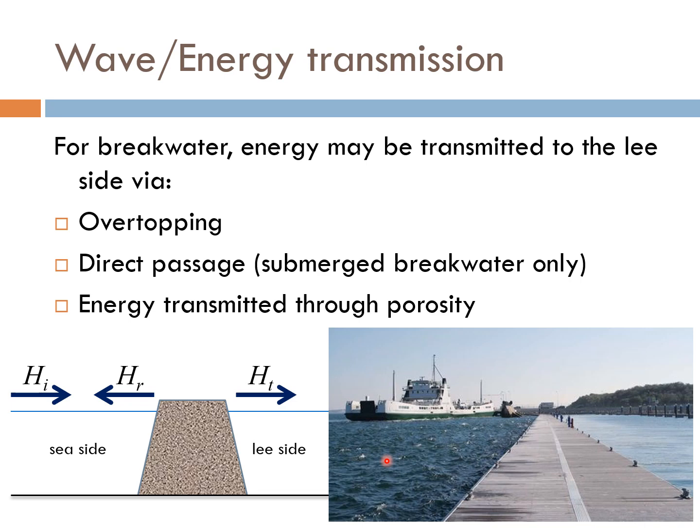However, energy may still be transmitted to the lee side by overtopping or direct passage if it is a submerged breakwater, or because of energy which is transmitted through the porosity in the breakwater structure, such as a rubble mound breakwater which is made up of quarry stones.